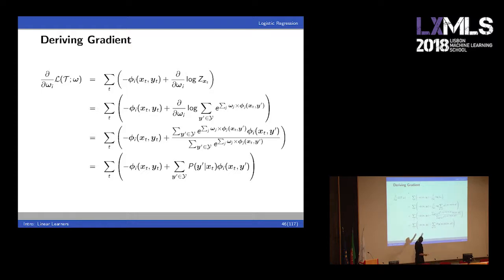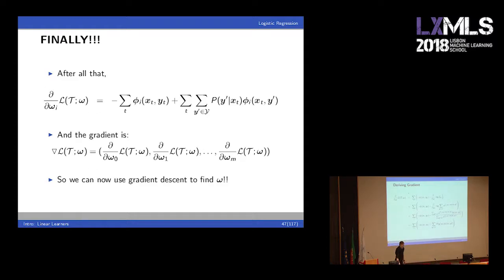So what we have in the end, the gradient of the logistic regression model has this form here. And what it tells us, in order to find the optimal parameters for this logistic regression objective, if we do a minimization, this term will be minimal if we put all the weight on the phi i's for xt, yt.